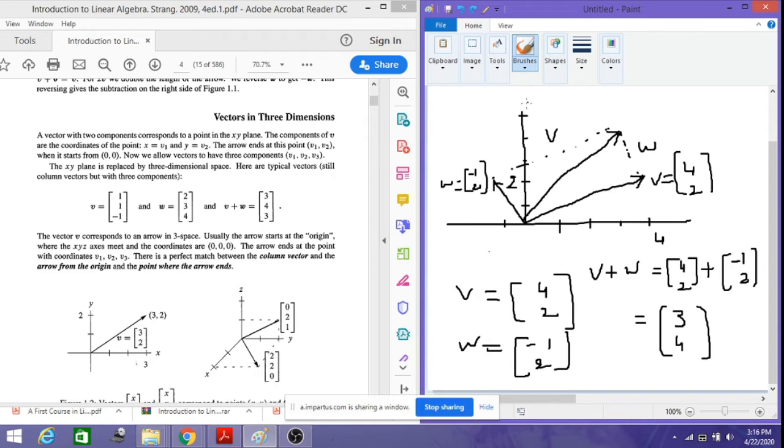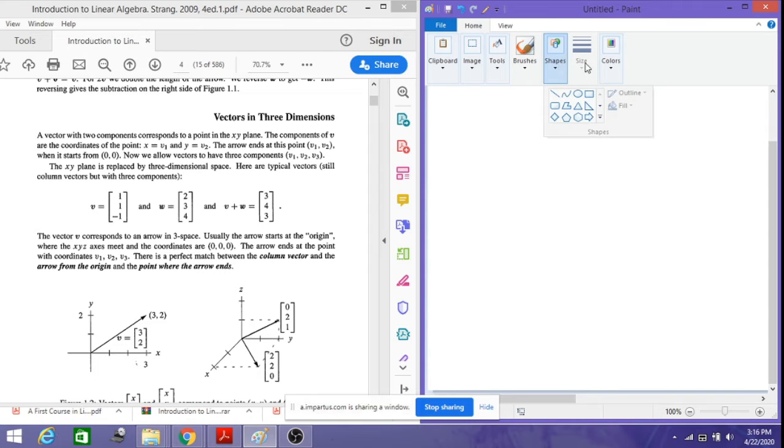I'll take v as 1, 1 and minus 1, and we have w equals 2, 3, 4. Now we have 2 vectors here with 3 components each.